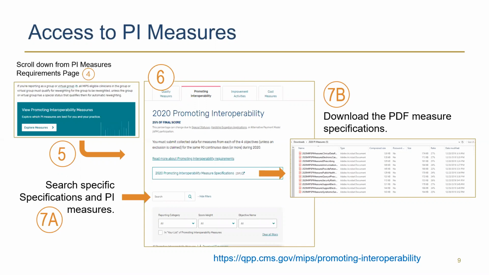You can either search for a particular measure in the location noted by 7A, or you can choose to download the zip file, which has all the measure specifications in PDF version, which is noted in 7B. I have found downloading the zip file is convenient so I can quickly reference and study the details of each measure.